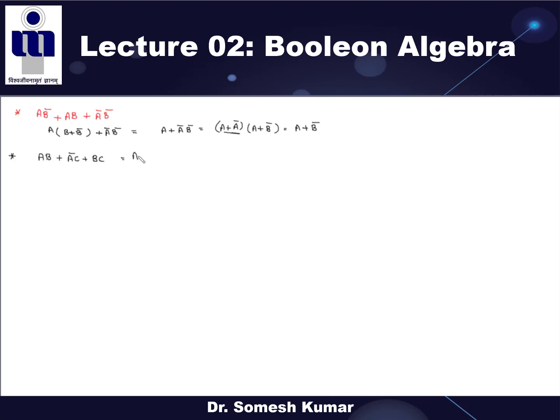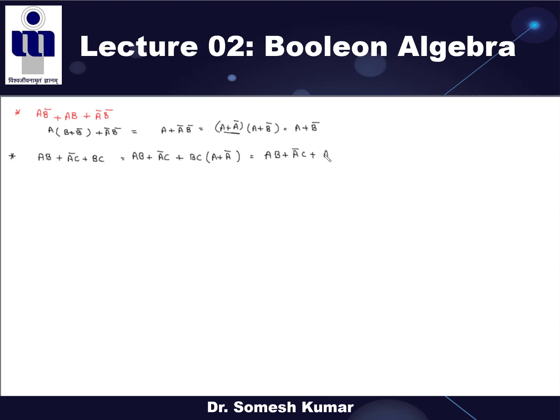So what we will do: AB plus A bar C plus BC, now we will add one more term here to minimize this. This is A plus A bar. This A plus A bar is 1, so it will not affect the main function. Now we can add this, and now we can reduce it.